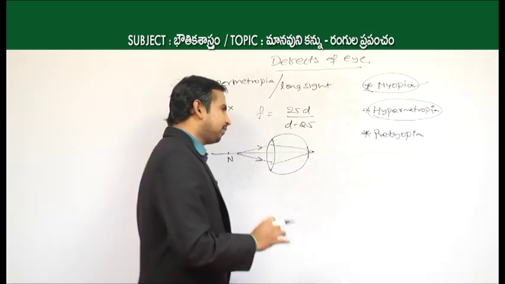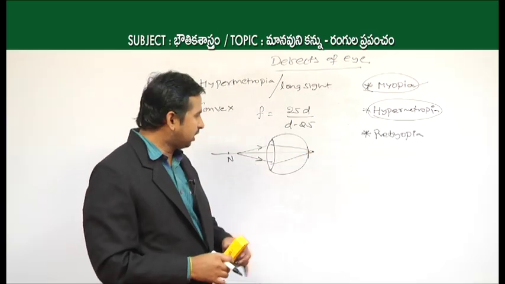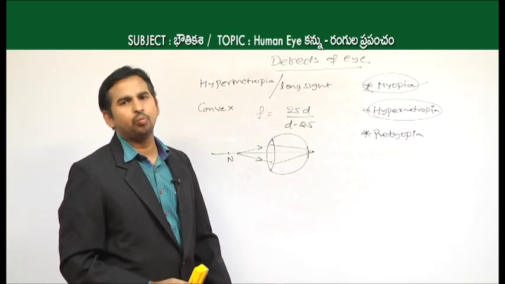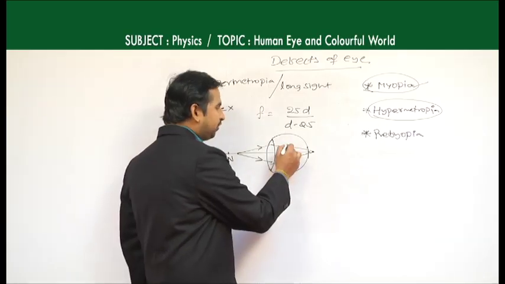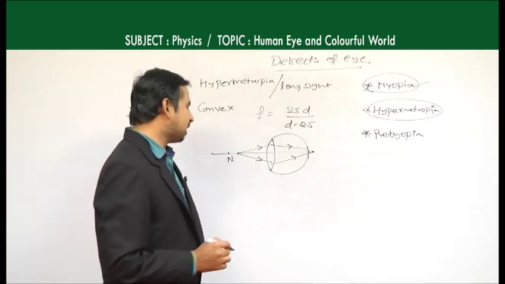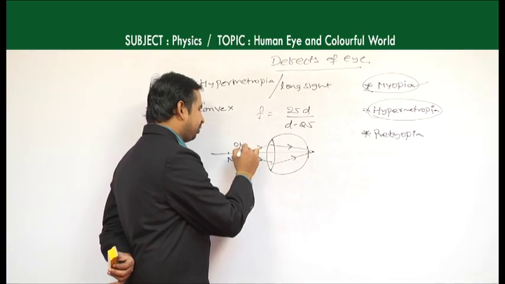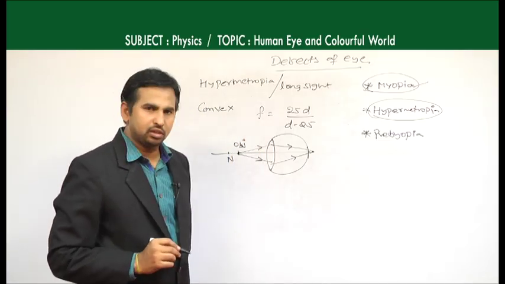Whenever the light rays pass over the retina, they are not converging to a point, so again we get a blurry image. This is the defected eye diagram, when the object is placed before the near point.